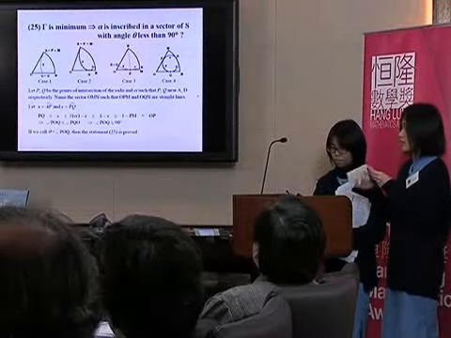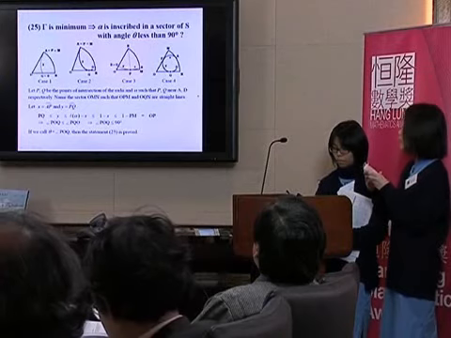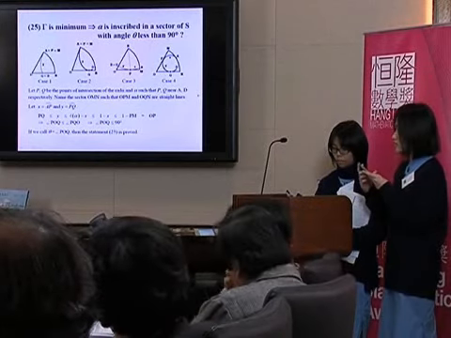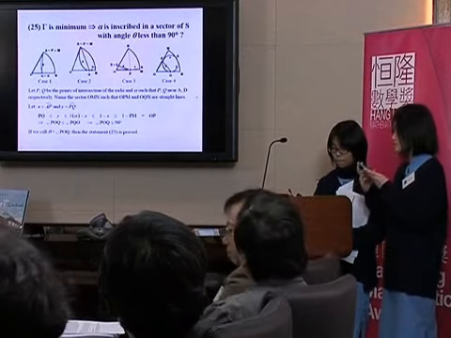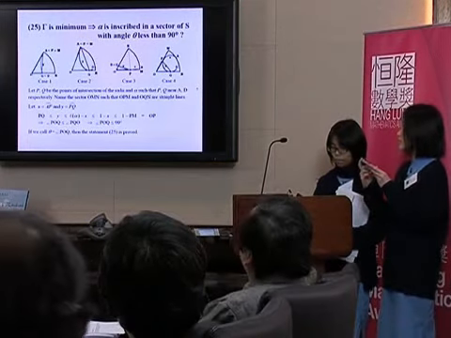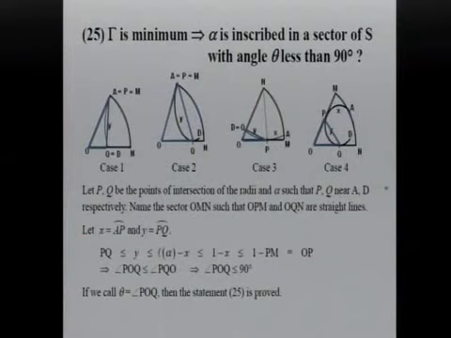For statement 25, we consider the triangle between point O and the intersection point of curve and radius. We use the previous result, then we get the result that alpha is included in the sector of S with angle theta less than 90 degrees.